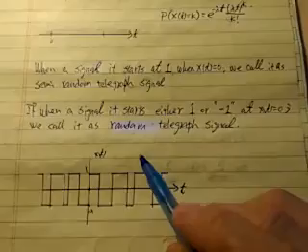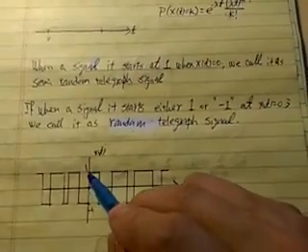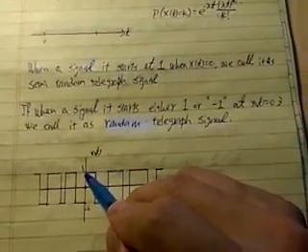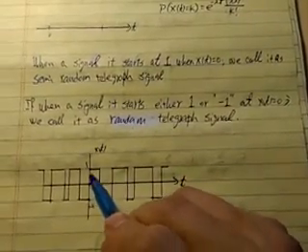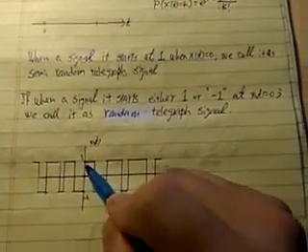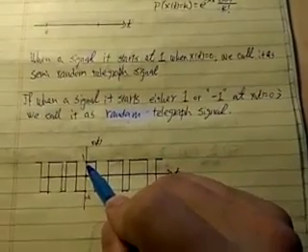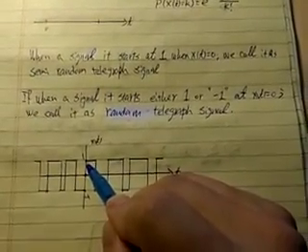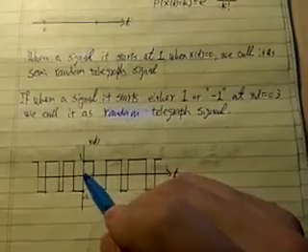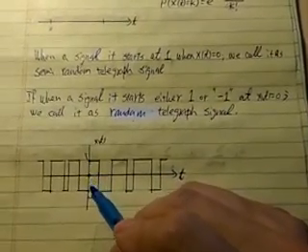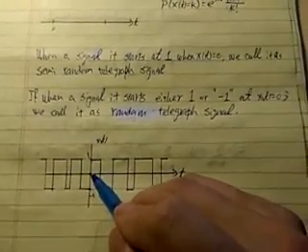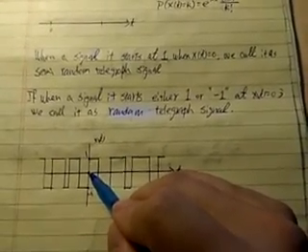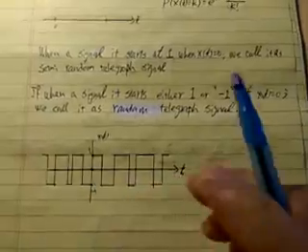What this talks about is when the signal starts at 1 when t is 0, we call it a semi-random telegraph signal. If the signal starts at either 1 or minus 1 when t equal to 0, it is a random telegraph signal.